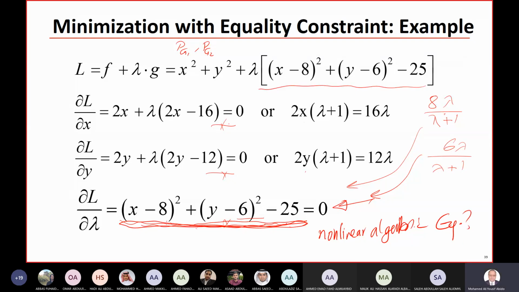How to solve in general? How to solve a set of nonlinear algebraic equations? Maybe raise your hand please and let us be more organized. Abbas Fahad. Maybe by using MATLAB or any program.